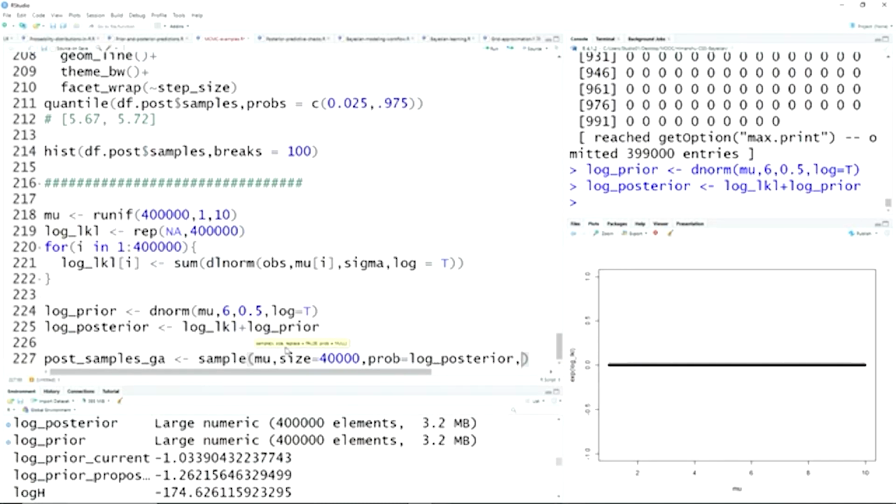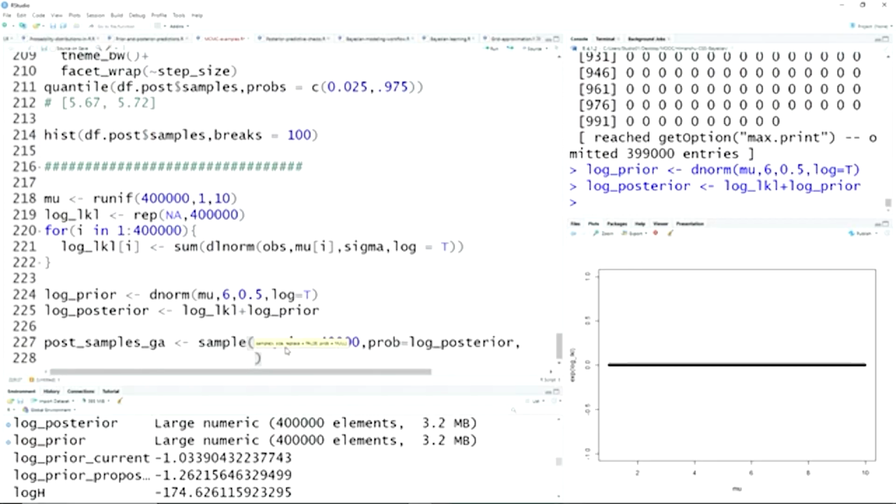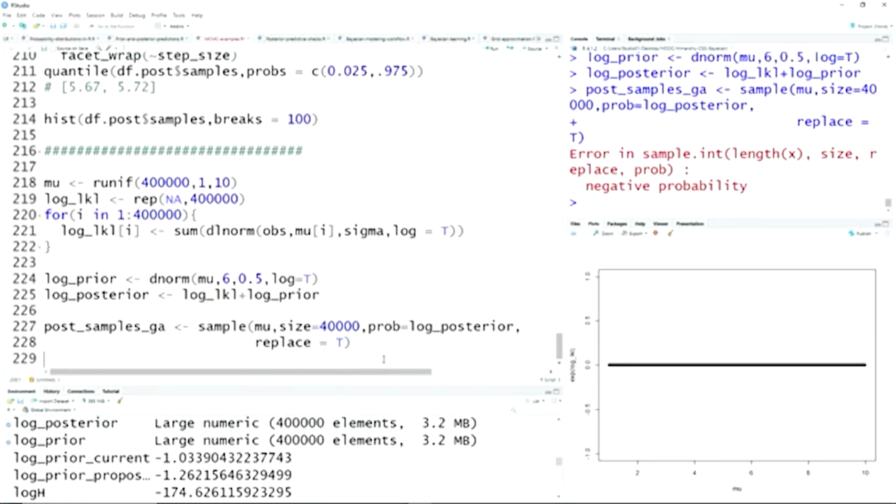Actually, it doesn't matter whether this vector contains actual probabilities or whether the summation is equal to 1 or not, it will still work, because it considers them as weights. I am also not sure whether negatives will work, so maybe we'll have to turn them into positive or something, but let's see. Replace equals true. Okay, so negative probabilities don't work.